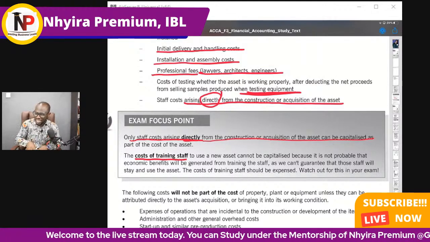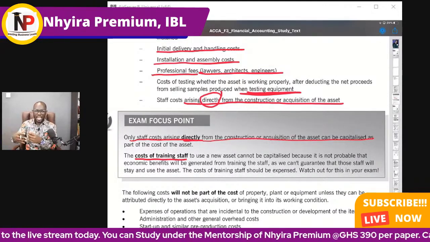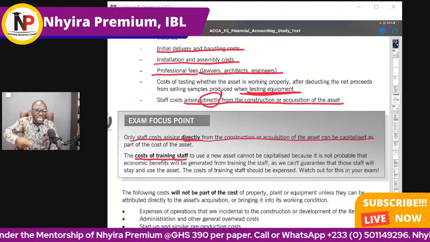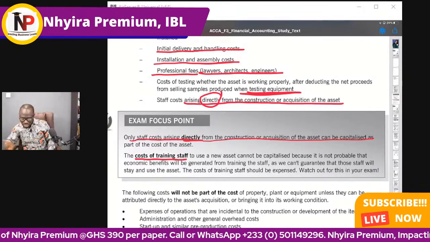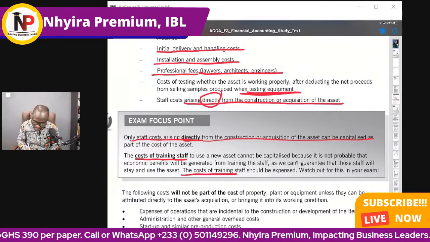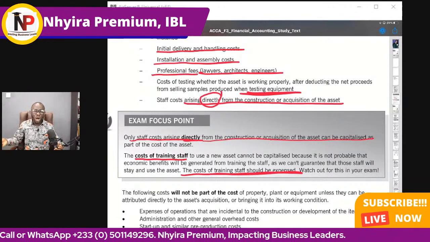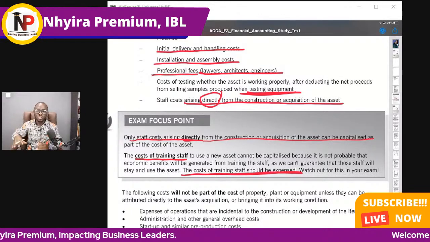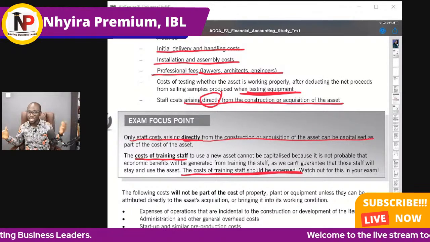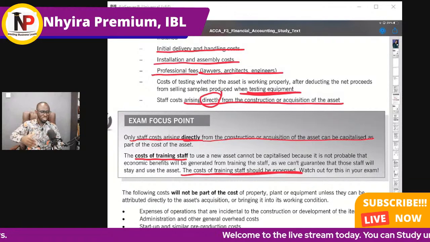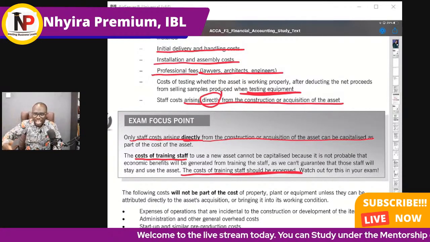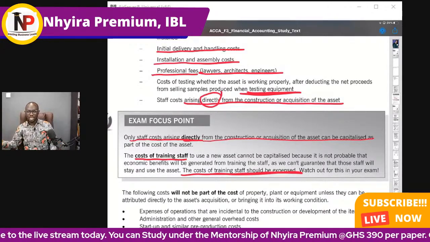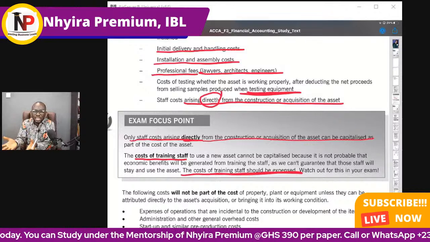IAS 16 is saying that the cost we incur in training the people to use the new machine cannot be capitalized, but must be written off or expensed in the statement of profit or loss. Why? Because we cannot guarantee that those staff will stay and use the assets. We cannot guarantee. And you know this already, or you should know this, staff training cost is always expensed, never capitalized, because you are not guaranteed that the person will stay with you.